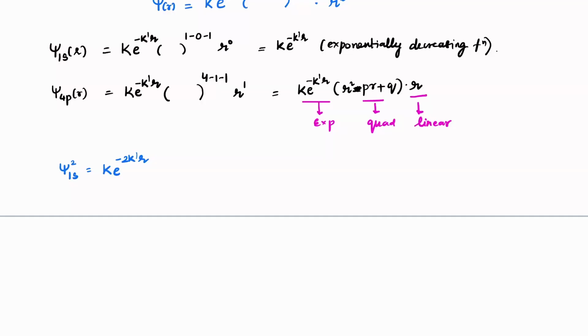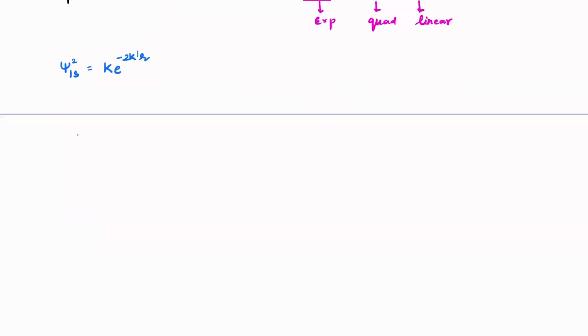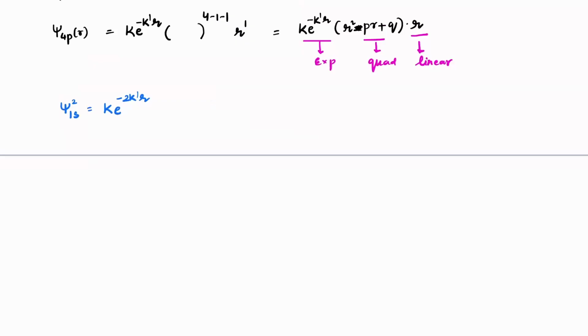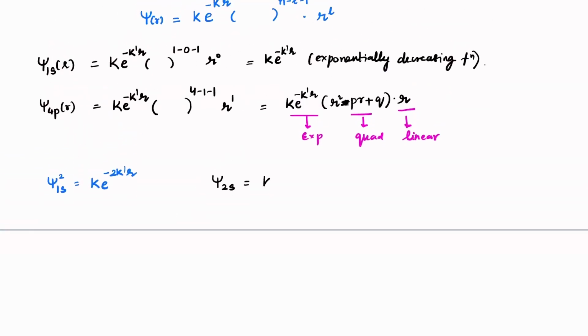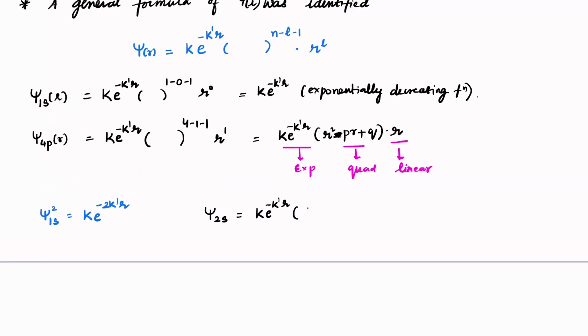Got it? But one thing it will change. Normally, when you have a quadratic equation or a linear equation, chances are the function can go into different coordinates. That means it can go positive or negative. Let me show you what I'm trying to say. What if I write the same function for, let's say, 2s? So for psi of 2s, how does the function look like? Some constant e raised to power of other constant into r, into a linear function, right?